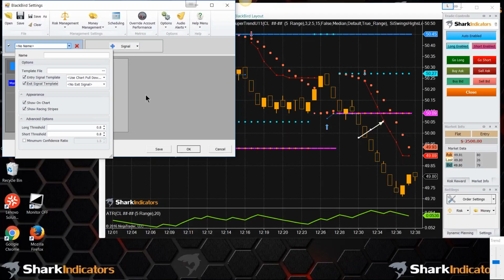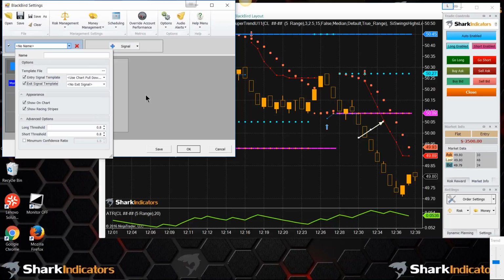So let's see, for example, RJ's got an example here. You would enter on a 5-range chart, and you could have exit signals coming from a 15-minute chart. Yeah, that would be correct.